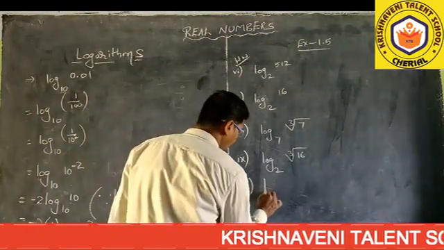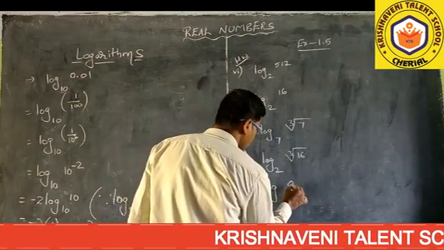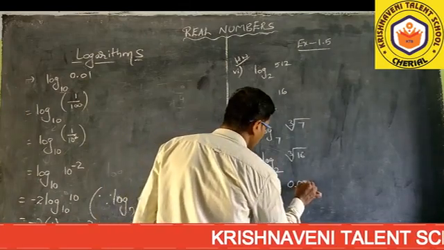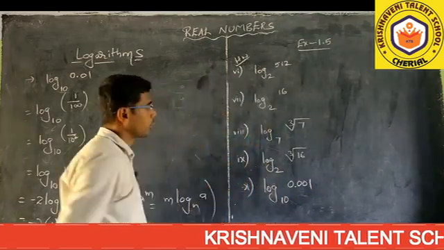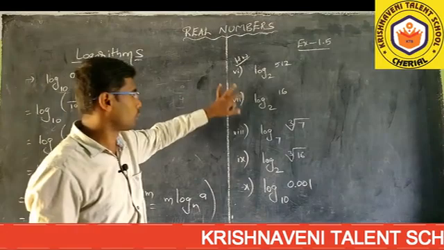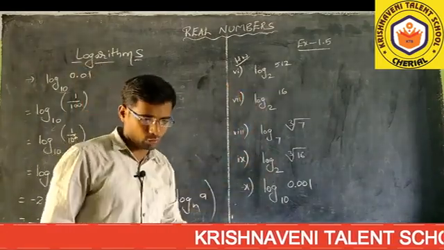Find the value of log 0.001 to the base 10. You do this problem yourself. 1, 2, 3, 4, 5 problems I gave as homework for you. Try these 5 problems yourself.